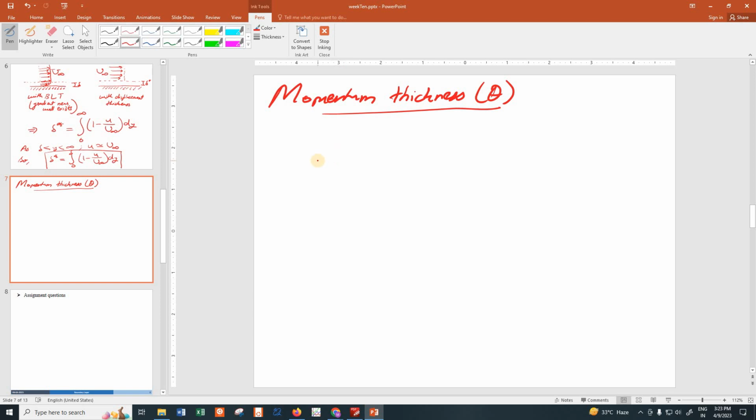In the displacement thickness, it came into the picture because we took into account the reduction in the mass flow rate. Now, instead of the reduction in the mass flow rate, how about if somebody takes the reduction in the momentum as the parameter, then one can take the momentum thickness as the reduction in the momentum flow rate because of the presence of the boundary layer.